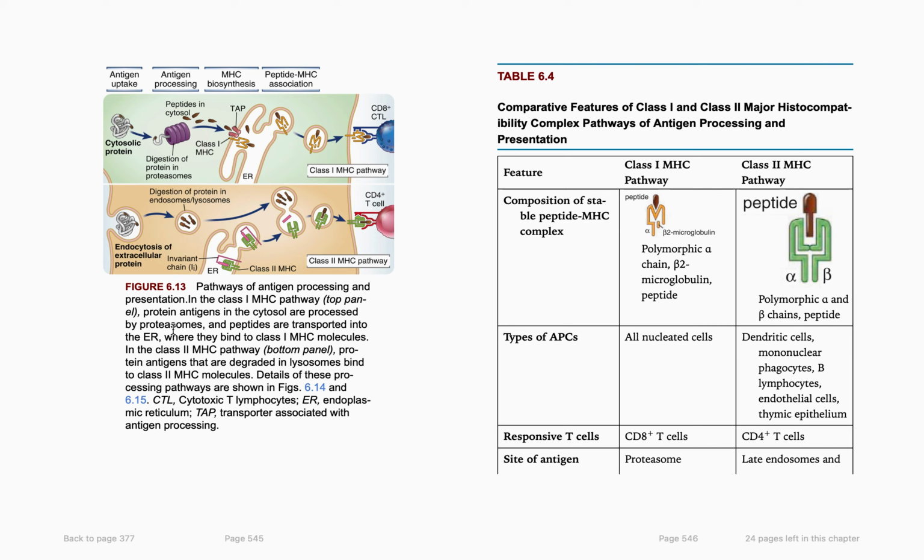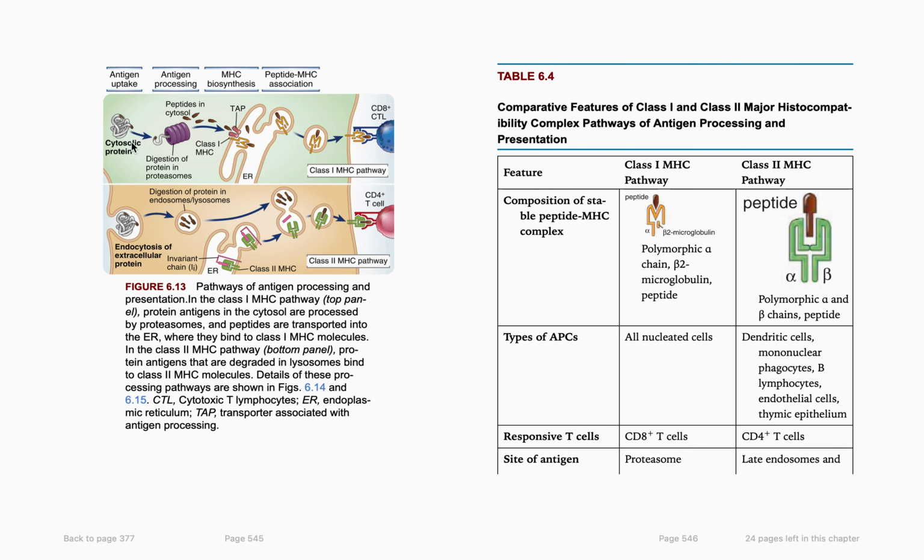Top panel: protein antigens in the cytosol are processed by proteasomes, and the peptides are transported to the endoplasmic reticulum, where they bind to class 1 MHC molecules. In the class 2 MHC pathway, the bottom panel, protein antigens that are degraded in lysosomes bind to class 2 MHC molecules. Details of these processing pathways are shown in figures 6.14 and 6.15. Cytosol, endoplasmic reticulum and others, these are just the definitions.